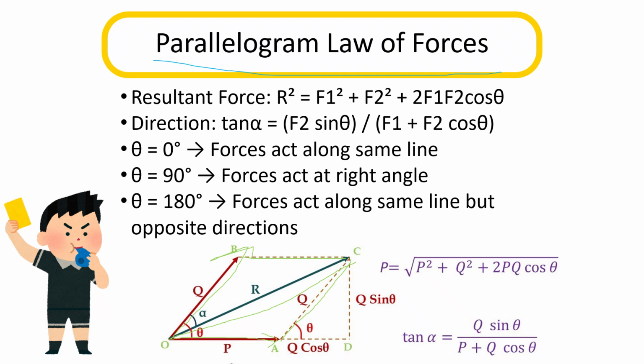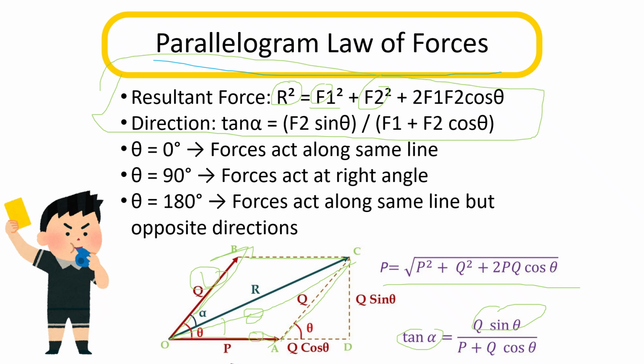So the resultant force is given by R square is equal to F1 square, where the force acting here is F1, plus F2 square, where the other force is F2, plus 2 times F1 F2 cos theta. So this angle theta is related to the base. Or you can see the formula here, that is under root of p square plus q square plus 2pq cos theta, and here you can find the tan alpha value, that is q sin theta divided by p plus q cos theta. So this is all about the parallelogram law of forces.